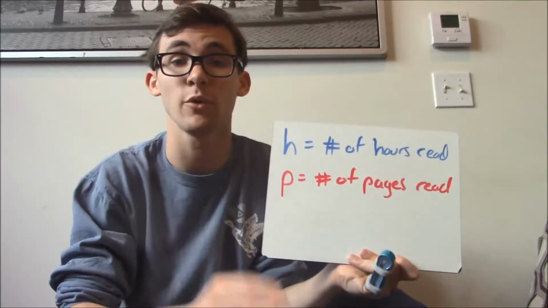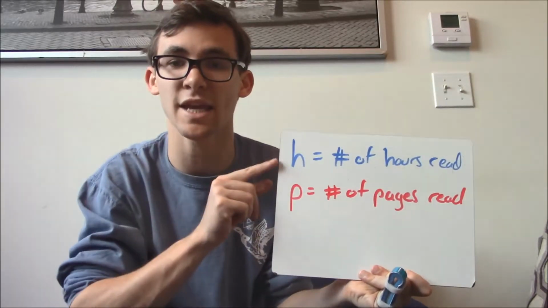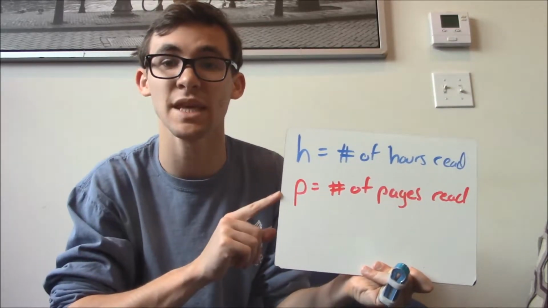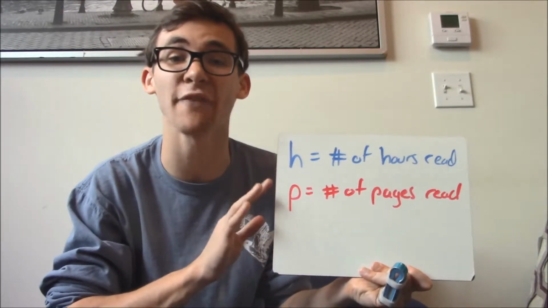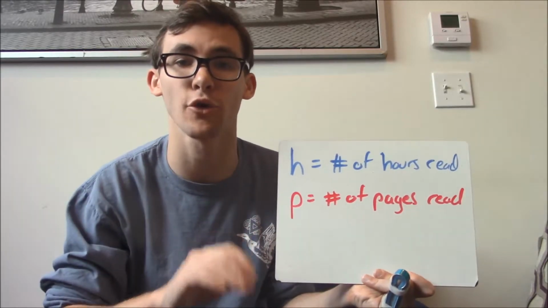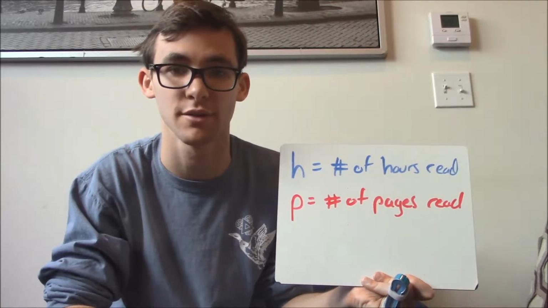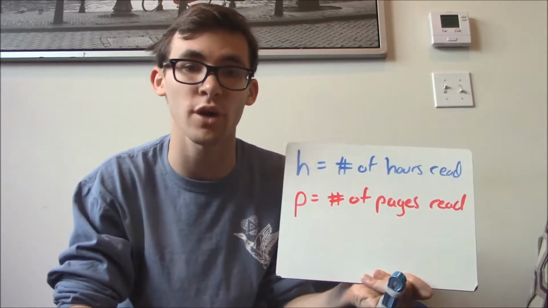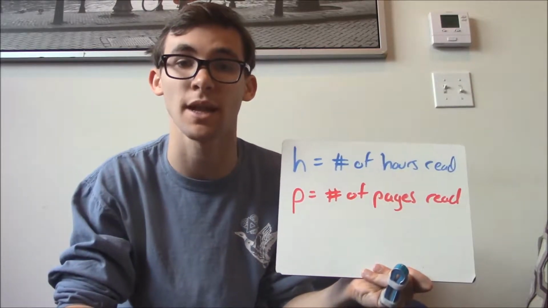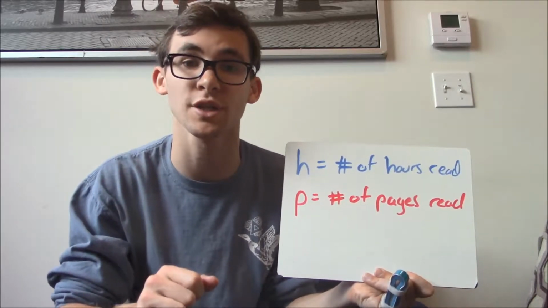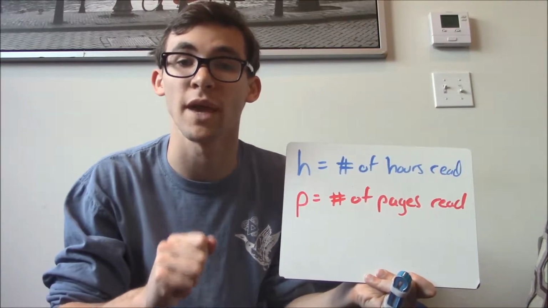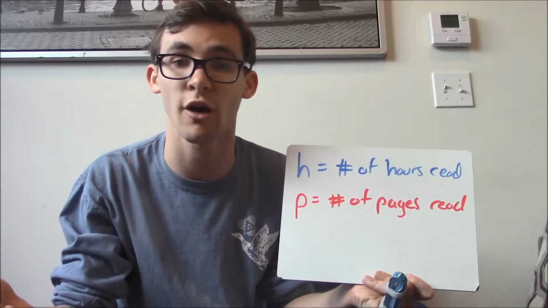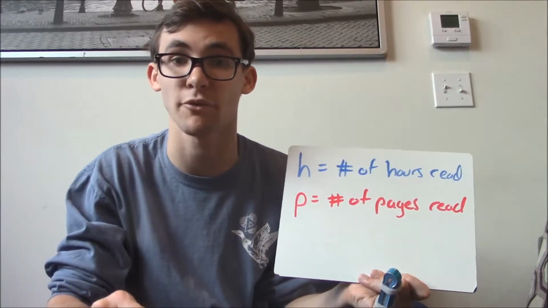In this problem, we were given our variable definitions as h is the number of hours read and p as the number of pages read. We have to use these two variables in order to get full points on the regions. When I say go, take 45 seconds to silently and independently identify which functions represent the number of pages each brother has read so far based on the number of hours they've spent reading.